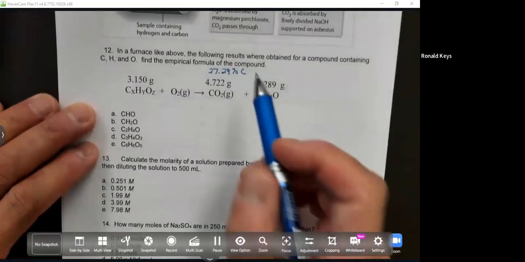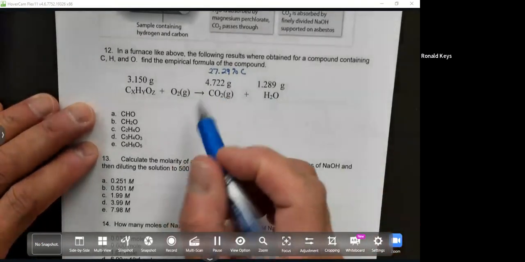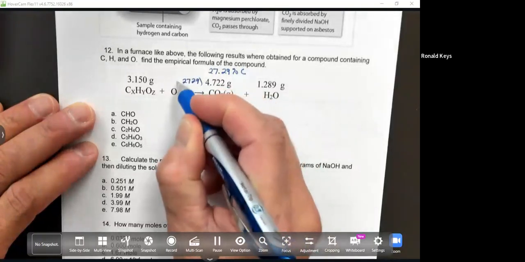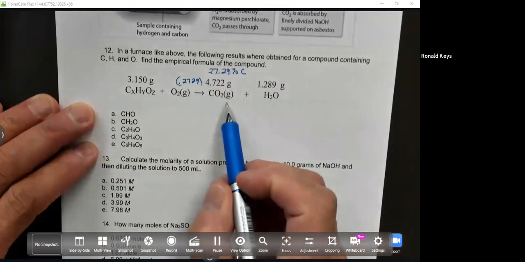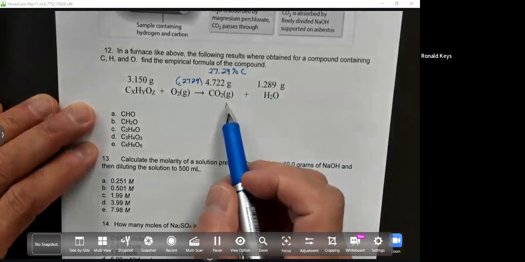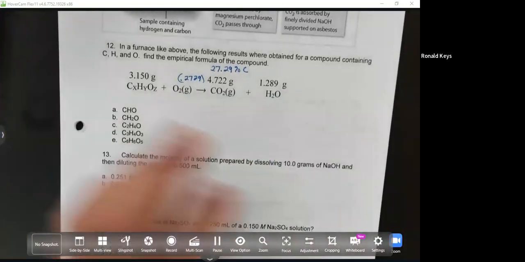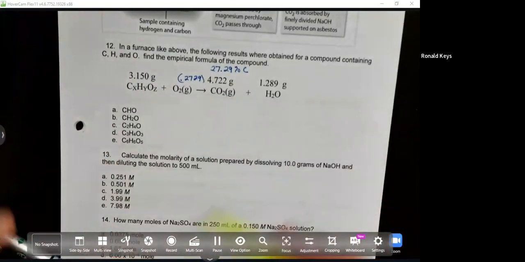So at 27.29% carbon, we can take 0.2729 times that, and we can get our grams of CO2, or excuse me, grams of carbon in the compound.